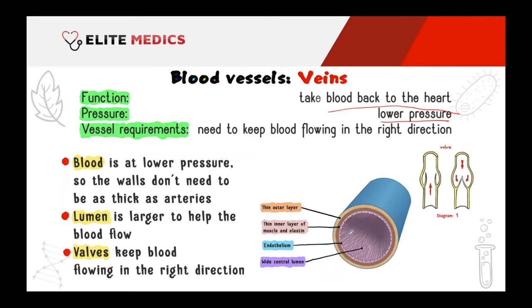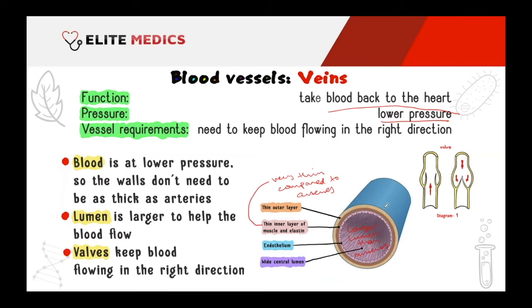So you'll notice that the muscle layer, this middle layer, is very thin compared to arteries, okay? So it's got a very thin muscle layer. Because it has that very thin muscle layer, it means it has a larger lumen than arteries, okay?